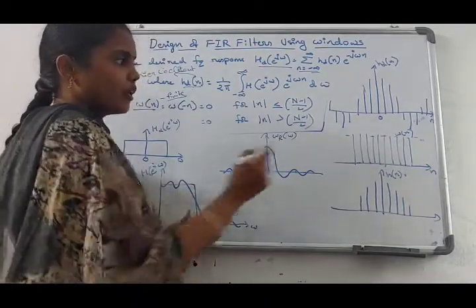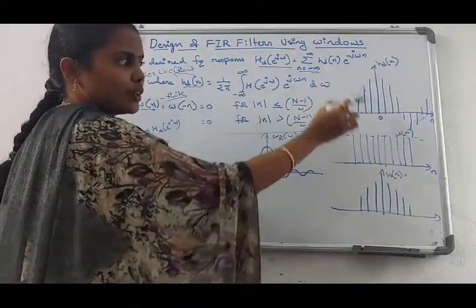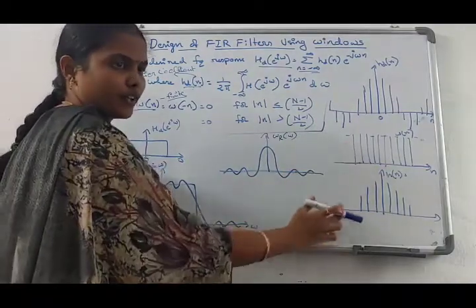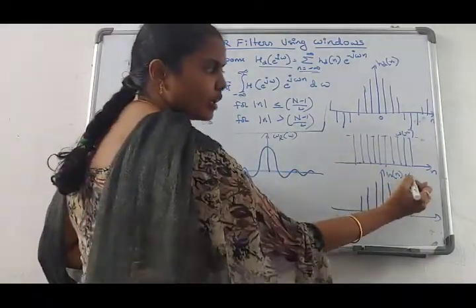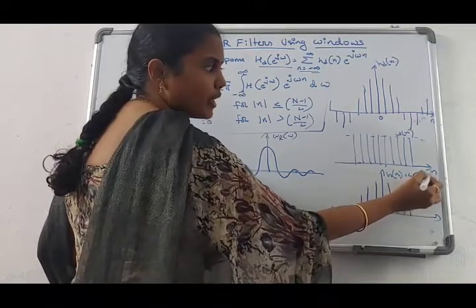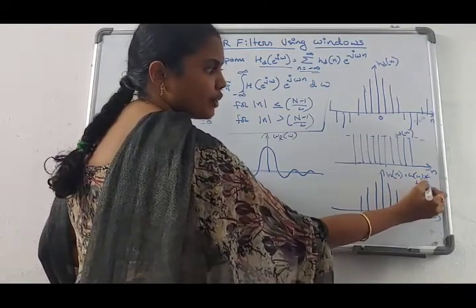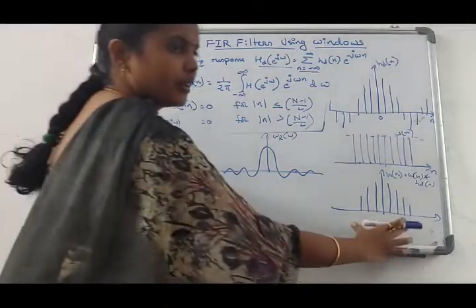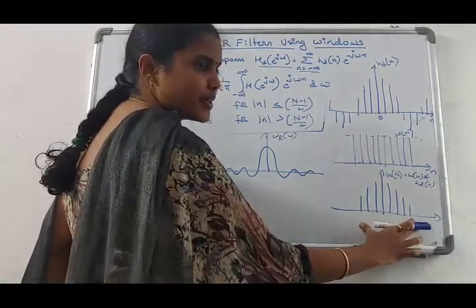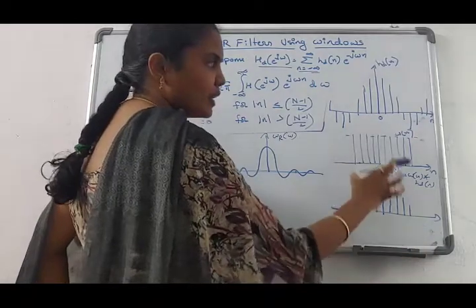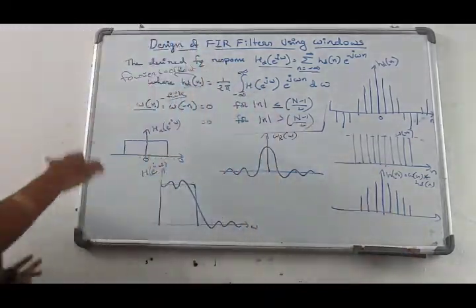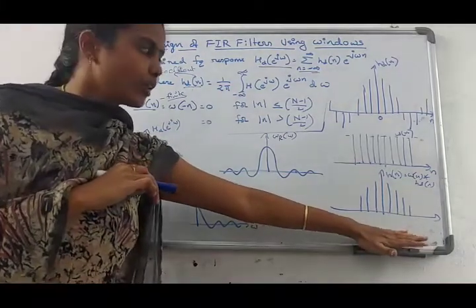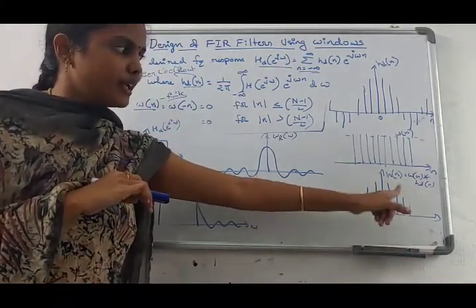You have to multiply w of n with hd of n, and you get h of n. Here h of n is nothing but w of n multiplied with hd of n. So the range is now finite, and by using this we can design FIR filters. So h of n is the finite impulse response.